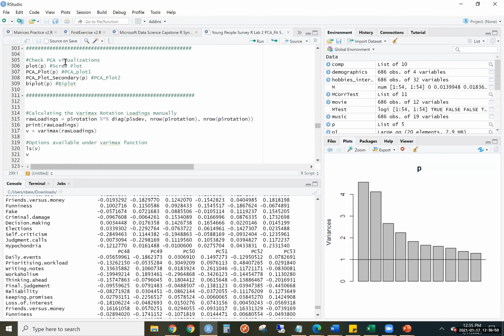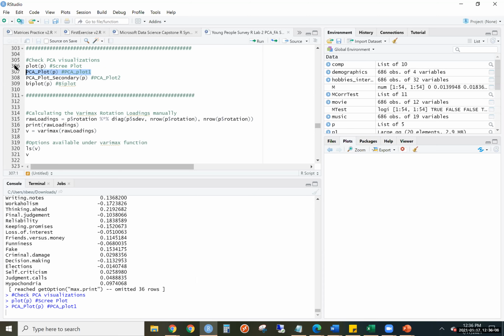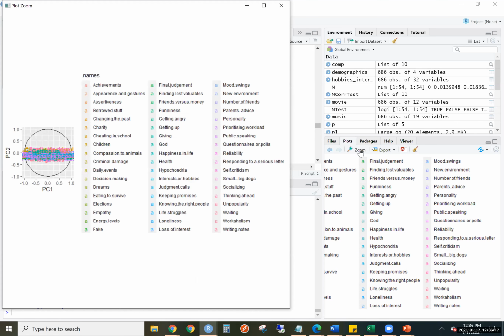So in this case, to plot it, here we just had the scree plot we just looked at. You could do a PCA plot. Now this is where I'm calling the function PCA plot from the code that I ran in the back end at the beginning. And it's going to give me a PCA plot. Now the problem with this is that these variable names are really long, and all these names are going to cover each other.